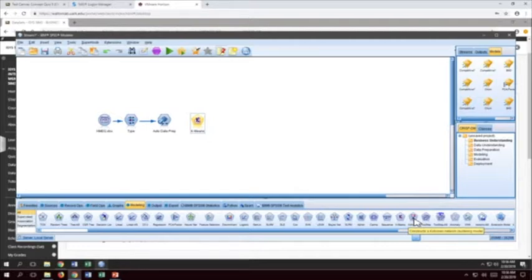So I told you about the k-means. There's also the hierarchical clustering. Kohonen is another type of clustering method. You could use this. There is actually a tutorial on doing this. There's also a 2-step clustering model.